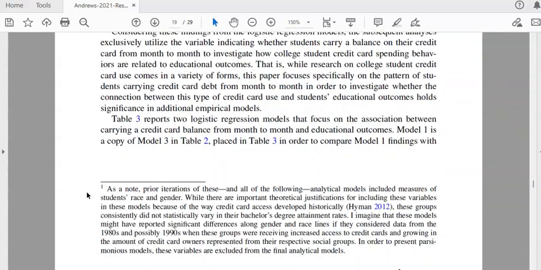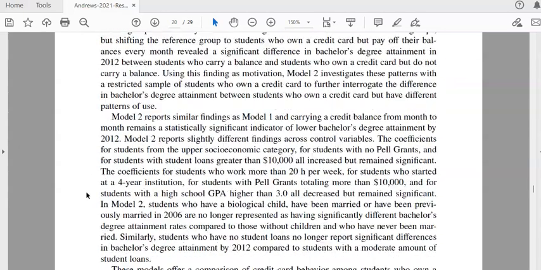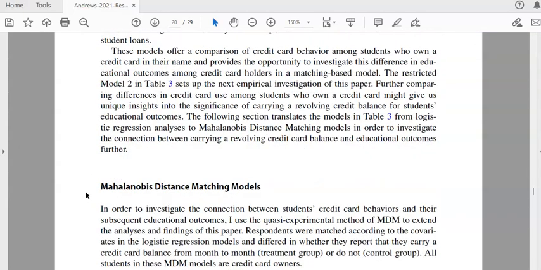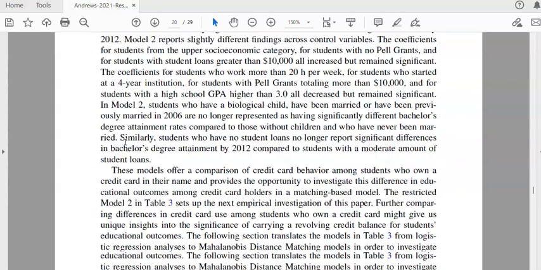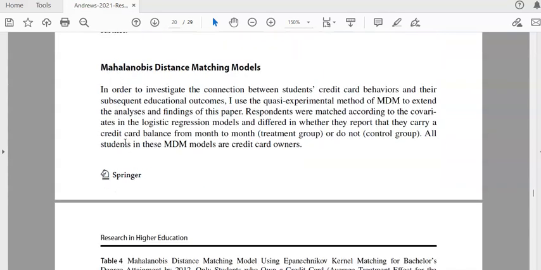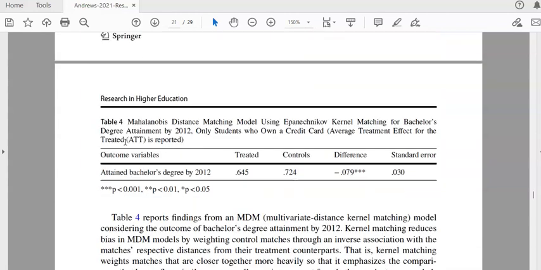That was the choice of the article to present those higher. Some of that is done in the editing and publication process. But these are all describing what those regression models said, the main findings from the regression models. This part was a matching method, a Mahalanobis distance matching model, and that's in connection with the logistic regression models, but not the same.